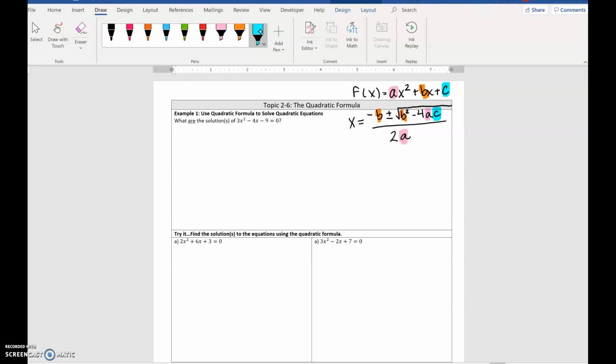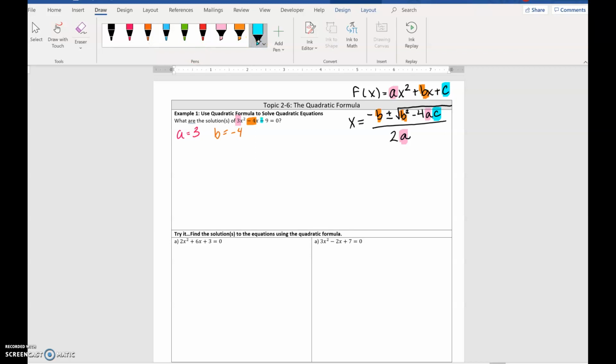And so for this first example we're going to first start by identifying what a, b, and c are. So a in this case is 3. So a equals 3. B is this negative 4. So b is negative 4.